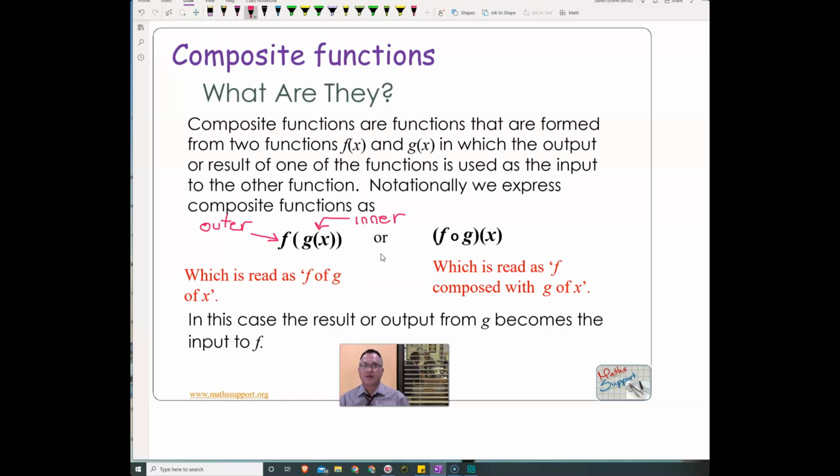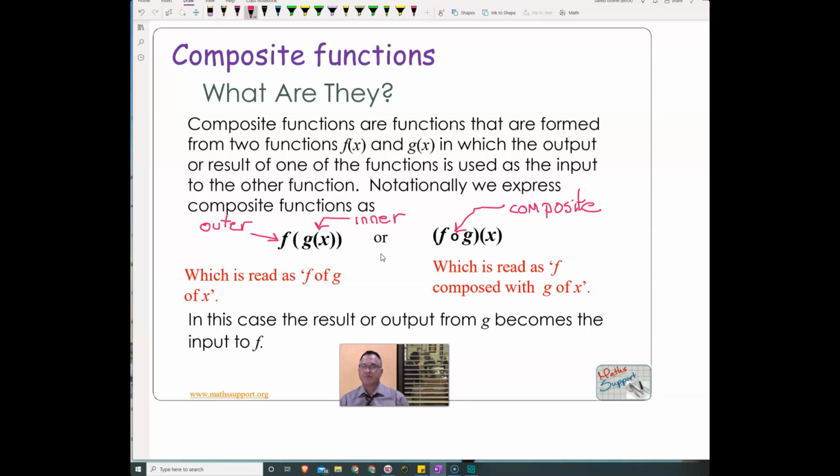Another way of writing it is using this open circle here. That is also the symbol for composite functions, and we read it the same way. Okay, f is composed with g of x.